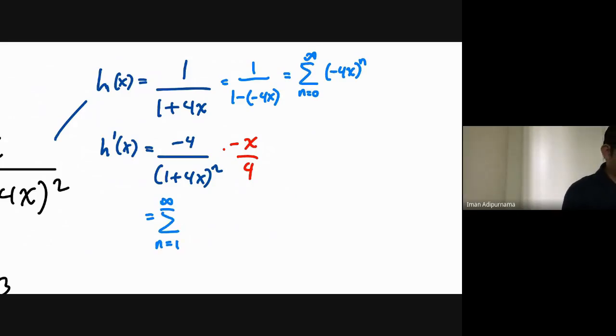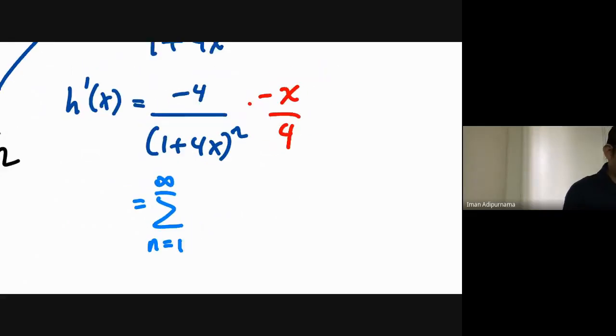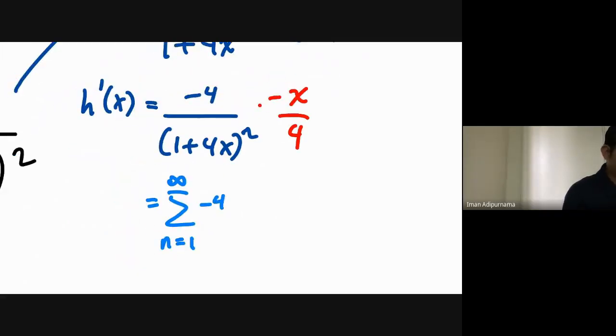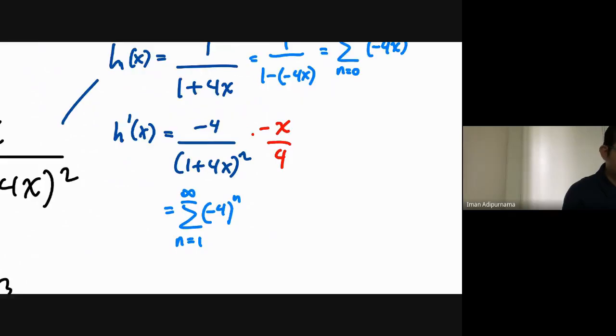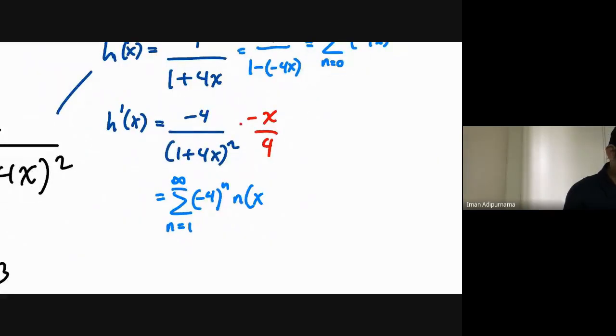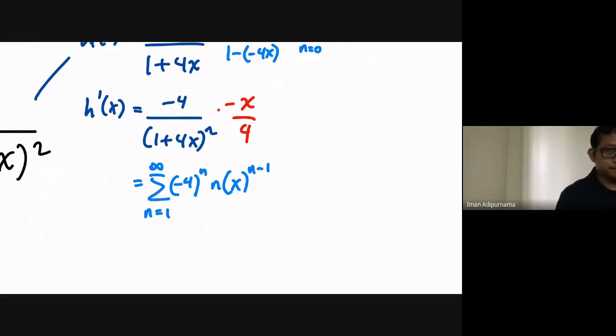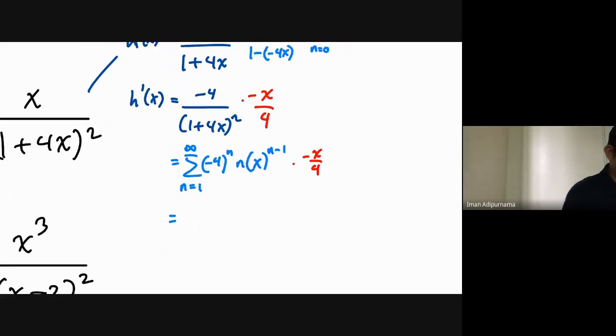It will be shifted to 1. And then this negative 4 with power of n will be n times x to the n minus 1. And we need to multiply with negative x over 4. So let me simplify all of this.